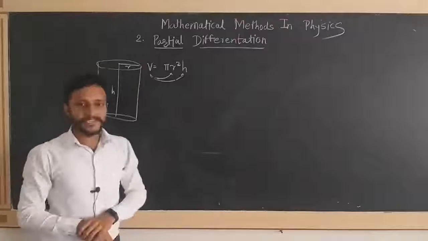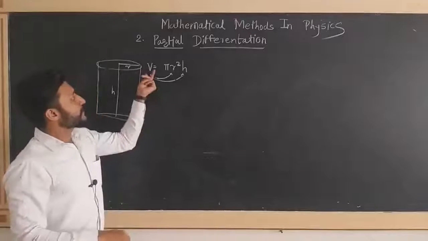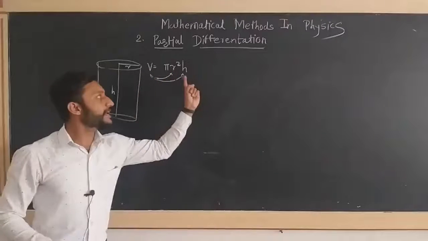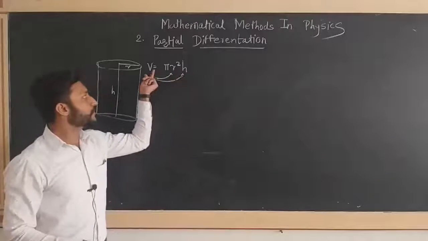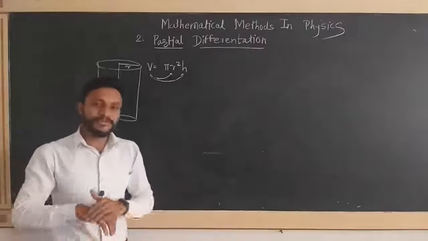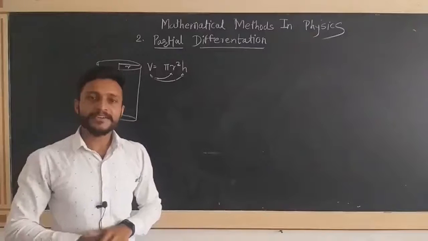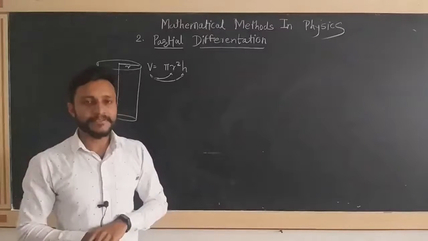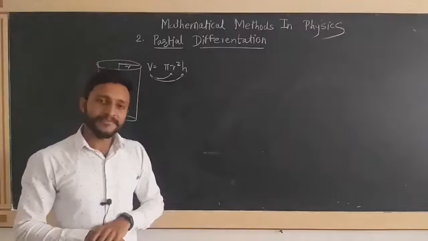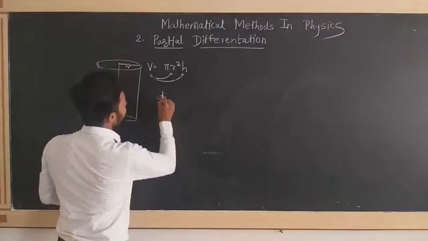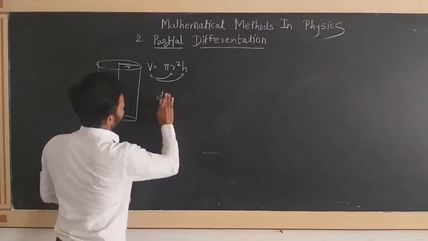So partial differentiation is used here. Change in volume with respect to r by keeping h constant, and change in volume with respect to h by keeping r constant. So if a physical quantity or a function is a function of two or more variables, then partial differentiation is the rate of change of the function.